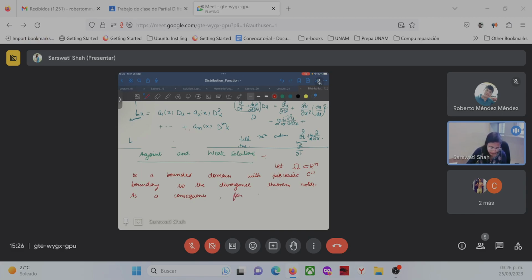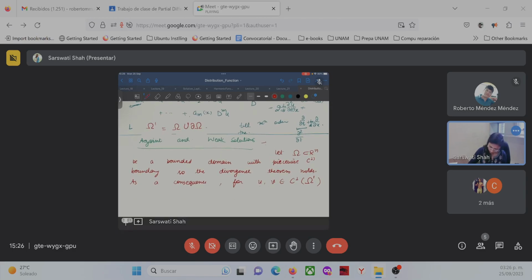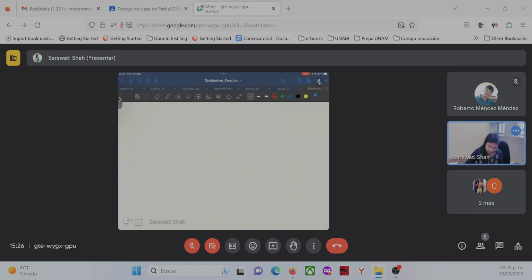As a consequence, if we take two functions u and v on omega bar, where omega bar is omega union del omega, which are piecewise differentiable with continuous first order derivatives, because u and v belong to C1, now consider the integration of del u over del xk times v.